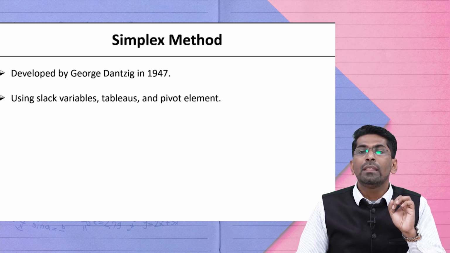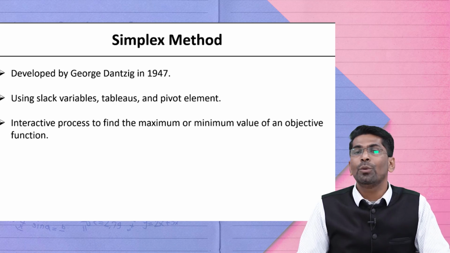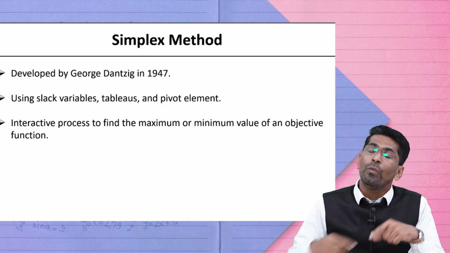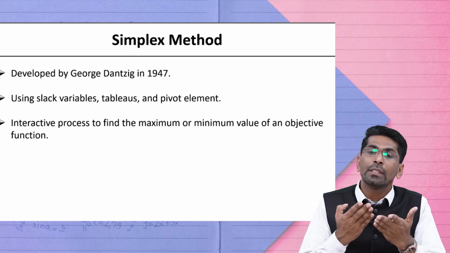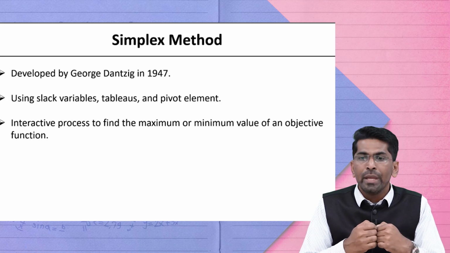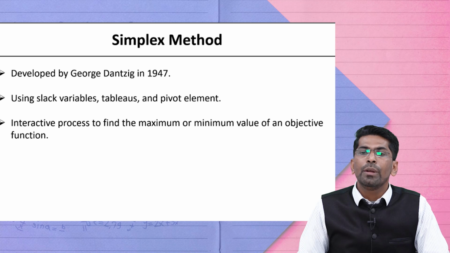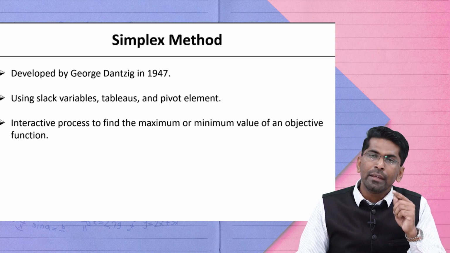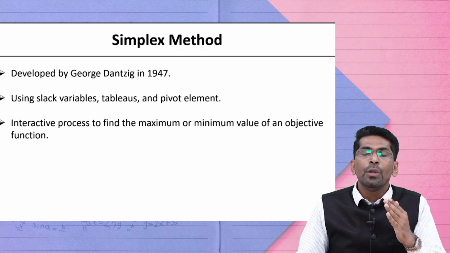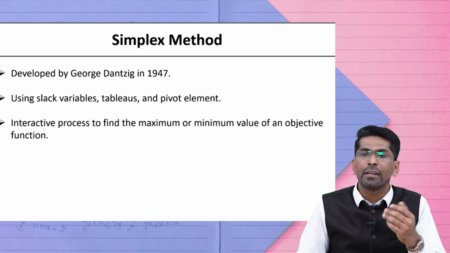Here the method is an iterative process, which progressively approaches and ultimately reaches the maximum or minimum value of an objective function. This method produces an optimal solution by satisfying the given constraints and producing a maximum or minimum value for the z or the c respectively.